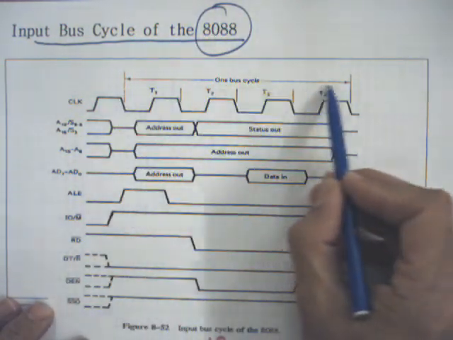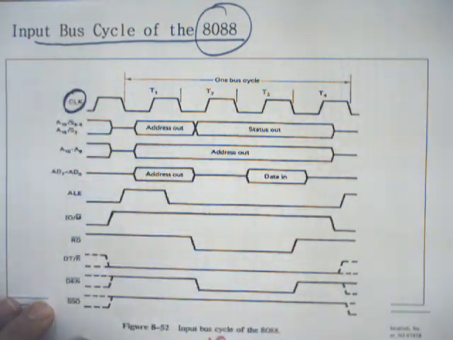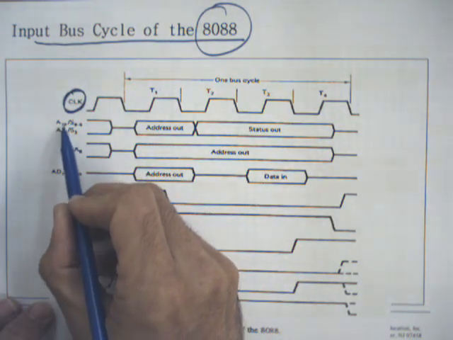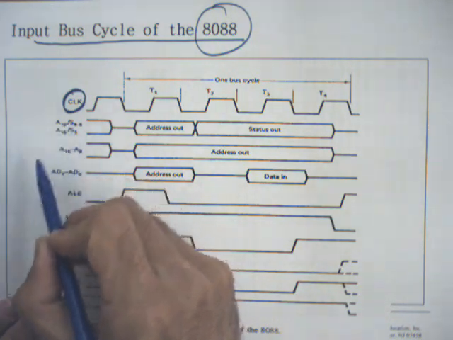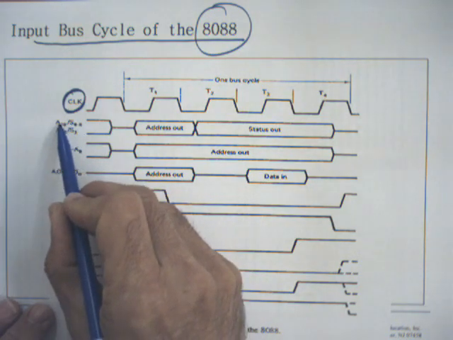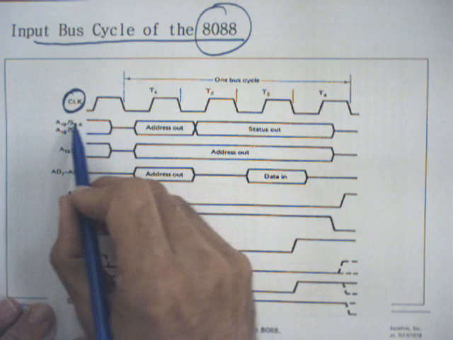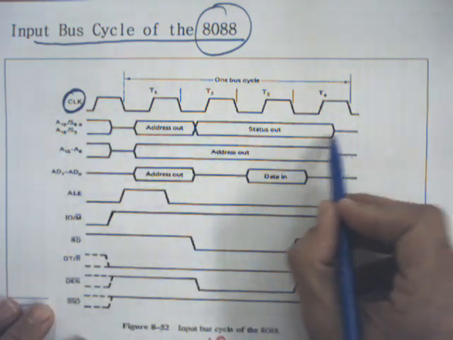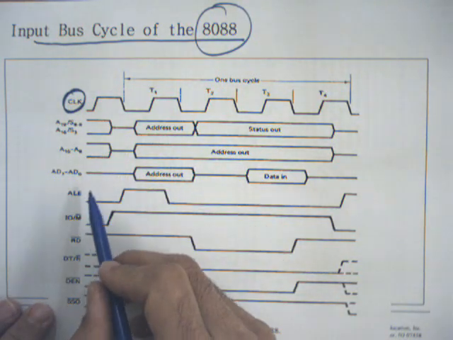So one machine cycle has 4 clock cycles, clock periods, and 4 pins are either address or control pins. So there are 4 timing diagrams on top of each other here.